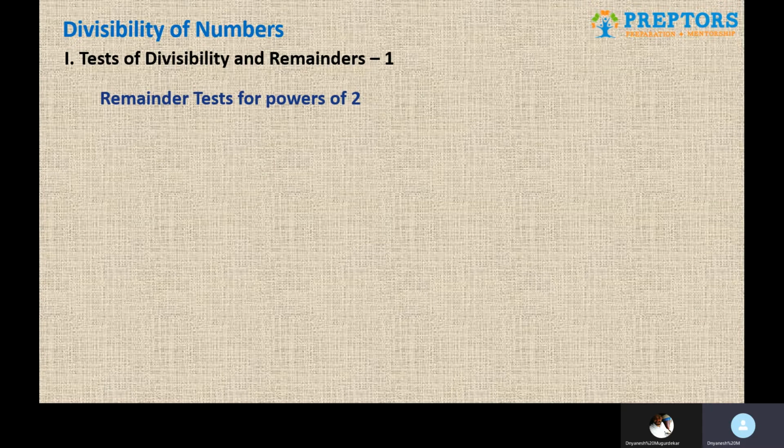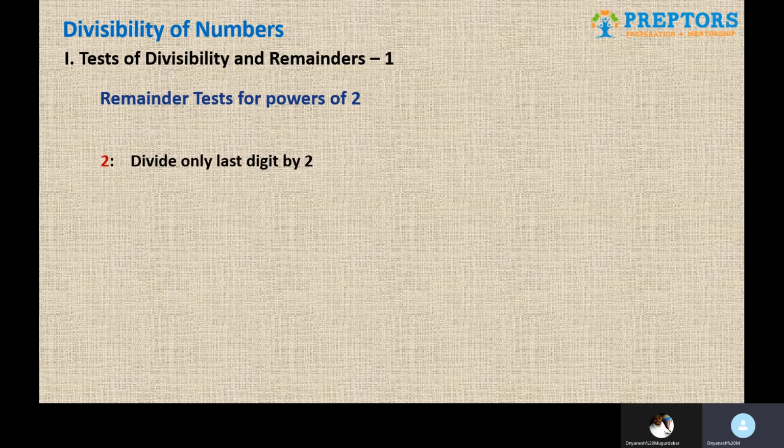You save the time, you use them as shortcuts, and hence you need to know them as early as possible. So suppose you are dividing any number and you want to figure out what is the remainder when you divide that particular number by 2 without actually having to divide the number. What you do is you don't divide the entire number, but you just divide the last digit by 2.